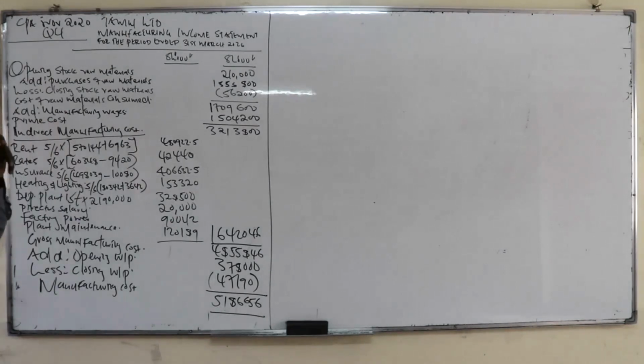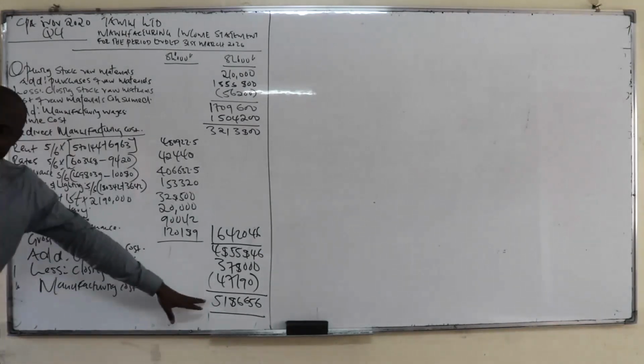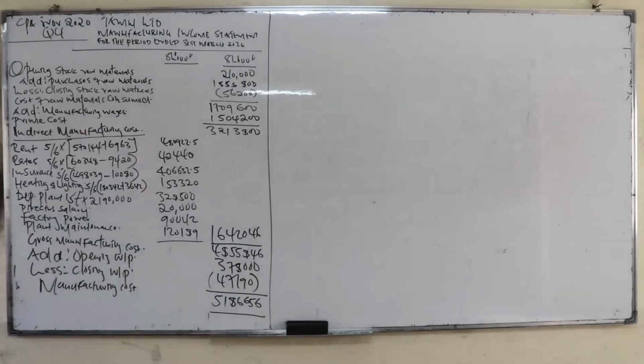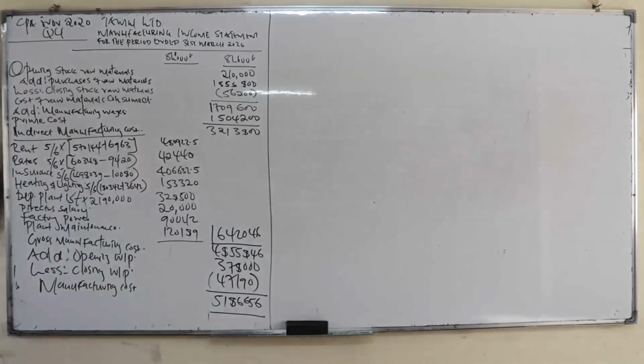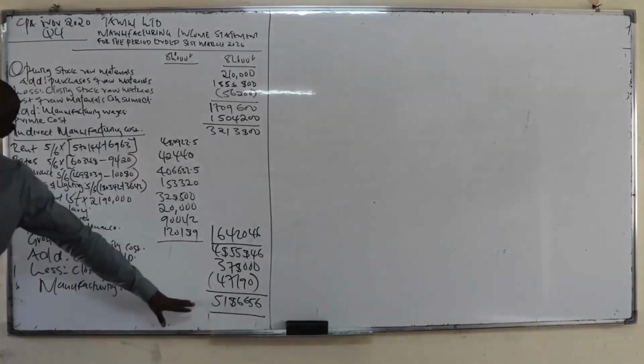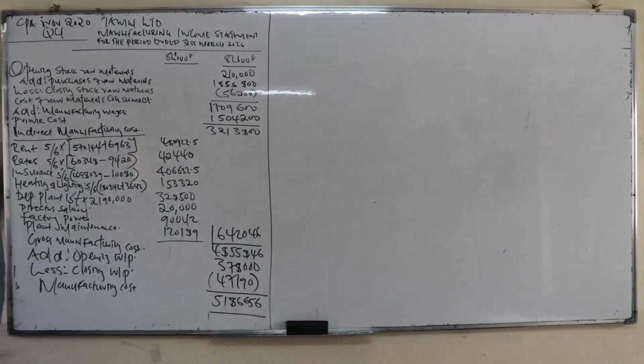When you add the manufacturing profit here, you get the market value of manufactured goods. In this question, they only wanted us to end at the manufacturing cost. So this is what we call the manufacturing statement. It's very easy. You don't need to lose marks here.